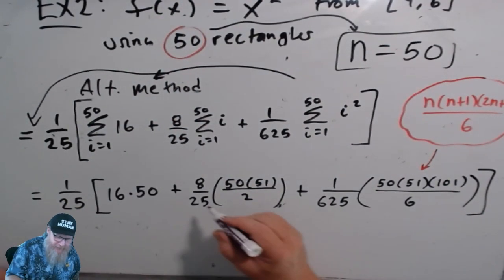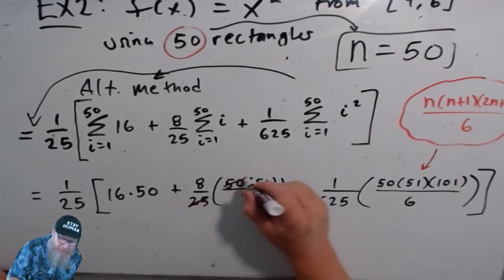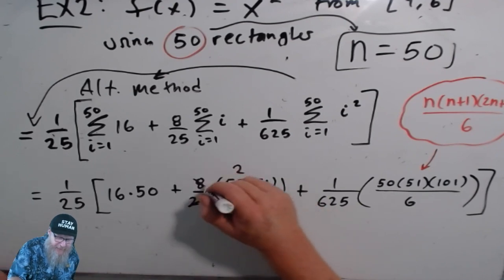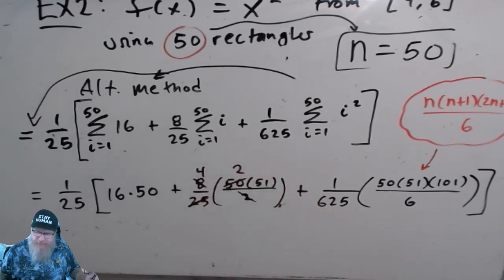All right, let's do a little bit of cleanup here. We can clean a lot of stuff up. 25 goes into 50 twice. 2 goes into 8 4 times. Let's see.